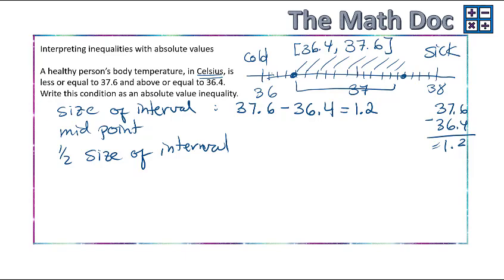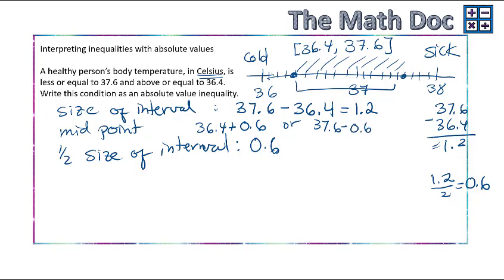What is half the size of the interval? Well, 1.2 divided by 2 is just 0.6. So the half of the interval is 0.6. And now we're getting to the midpoint. The midpoint is either 36.4 plus 0.6 or 37.6 minus 0.6.